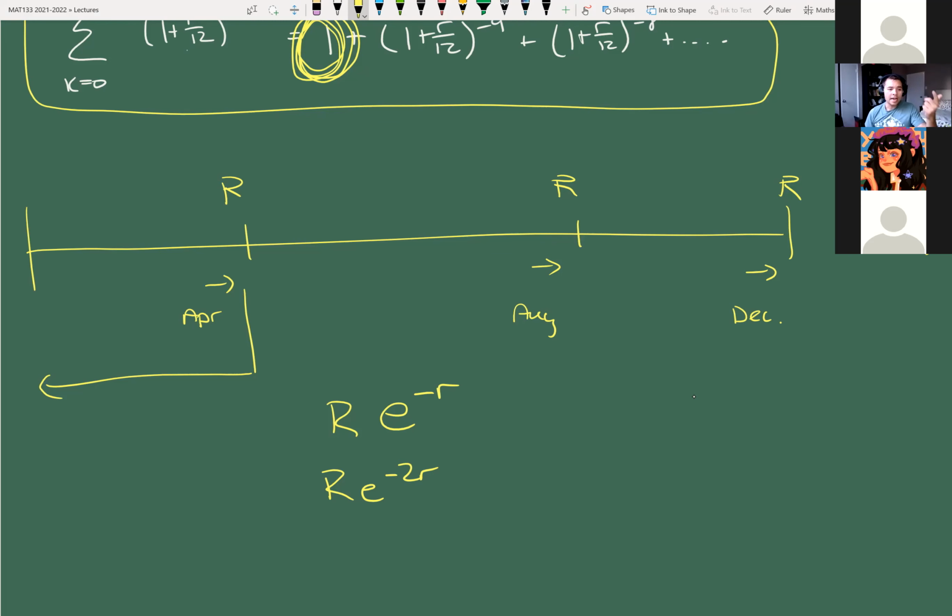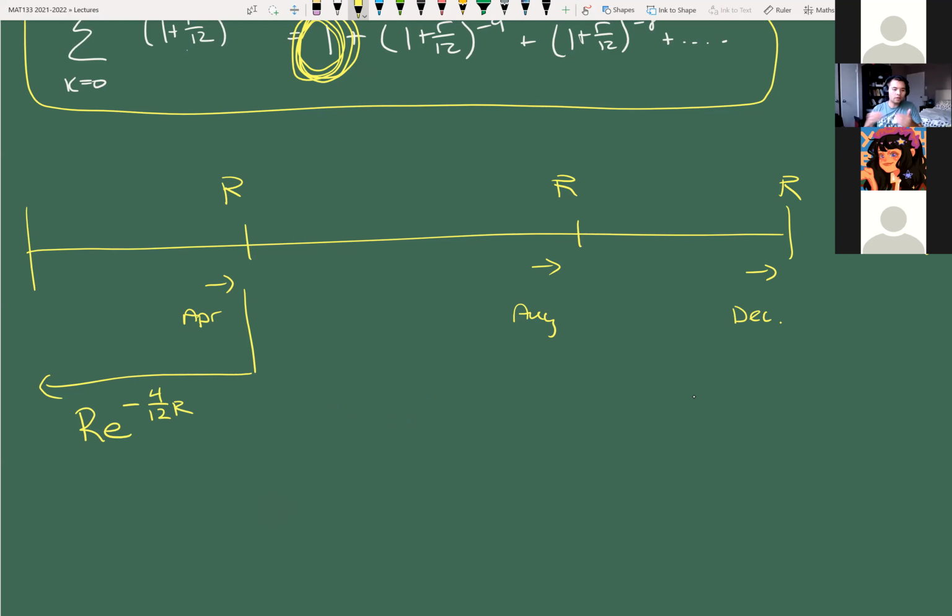Exactly, Ariana. And that actually agrees with Christian's answer above too, right? Because 4/12 is equal to 1/3. So we're bringing it back 1/3 of a year, or 4 out of the 12 months of the year. So we would get e to the negative 4/12 r.